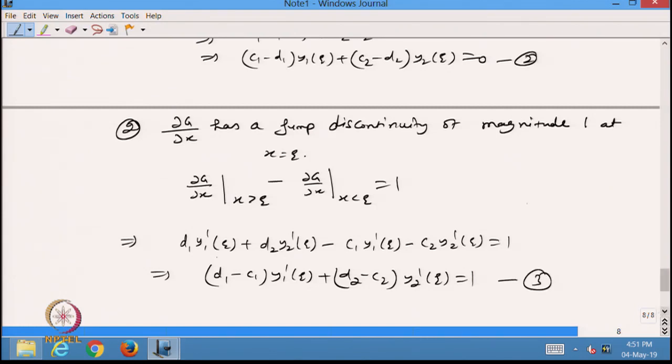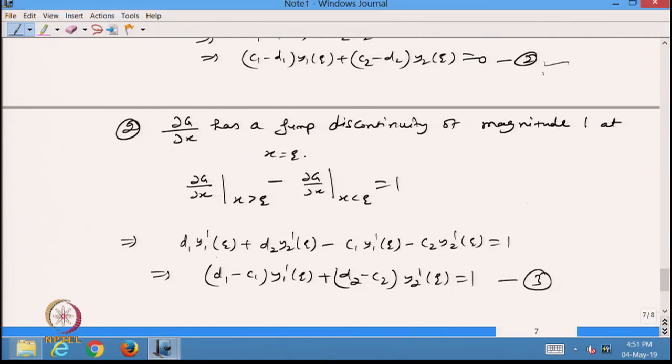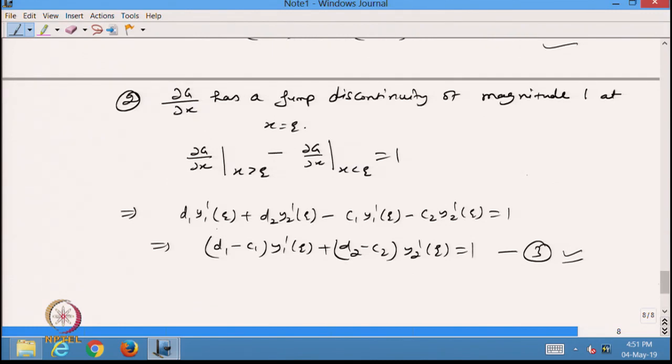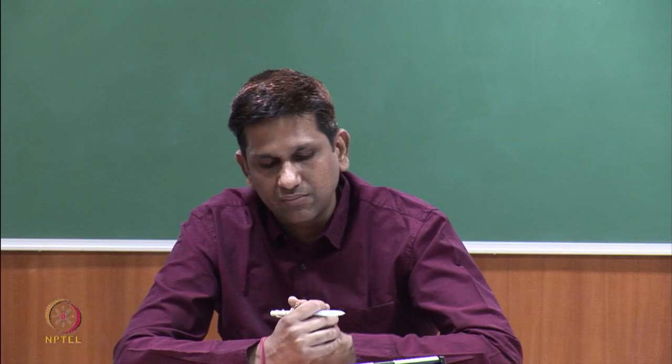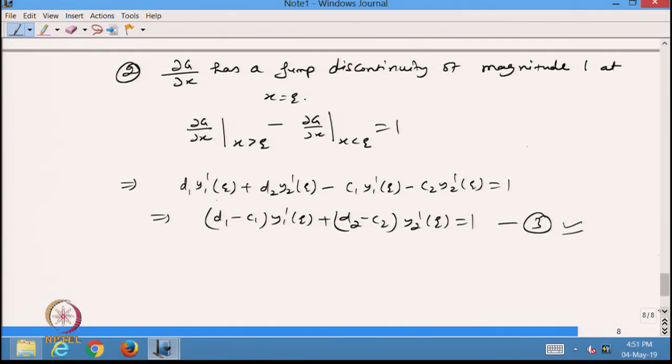Now you can see that I have equation number 2 and equation number 3. So, we have two equations and four variables, C1, C2, D1, D2, that we have to find out. So, in this case I need two more equations to find out the values of all of C1, C2, D1, D2.